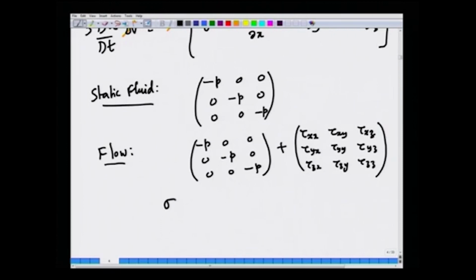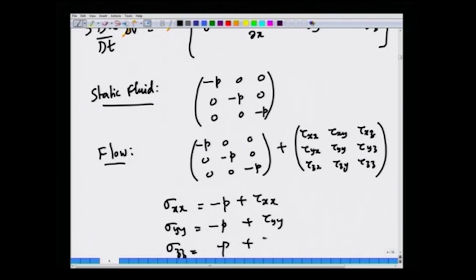So, sigma x x becomes minus p plus tau x x, sigma y y becomes minus p plus tau y y, and sigma z z becomes minus p plus tau z z.